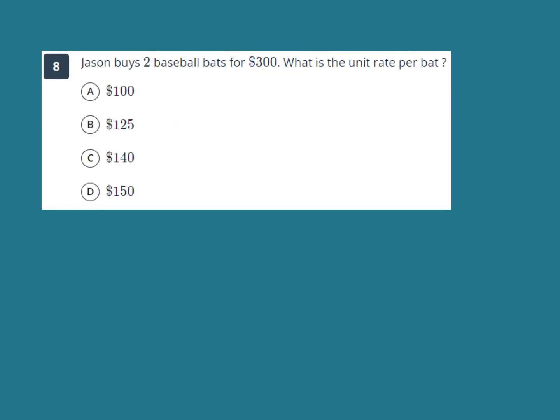So nice, right? Look at this. We're doing another one right here, but this one is even easier because it's unit rate. Can't even get any easier than that, right? So here we are. 2 baseball bats for $300. Unit rate per bat. So that means I'm looking at the cost per bat.